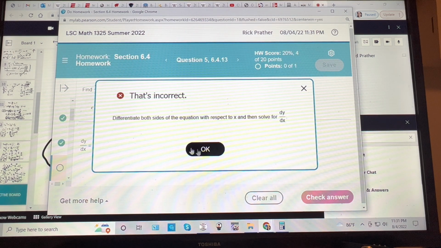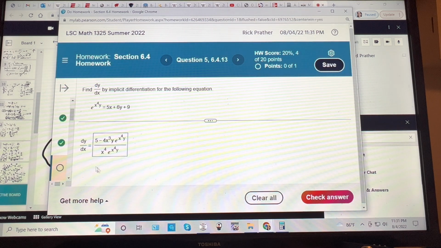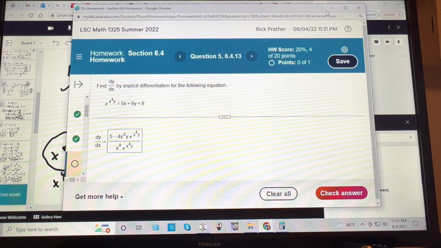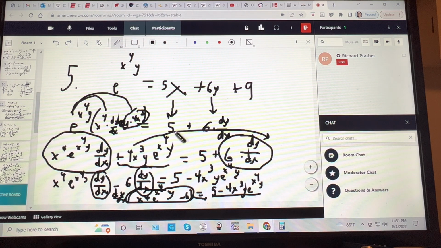Okay. Let's see, nothing else in the directions. 5x, 6y, 5. Well, let me move this out of the way. 5x, 6y, 5, 6, dy over dx, that should be good. e, derivative of the exponent. First derivative of the second, second derivative of the first.